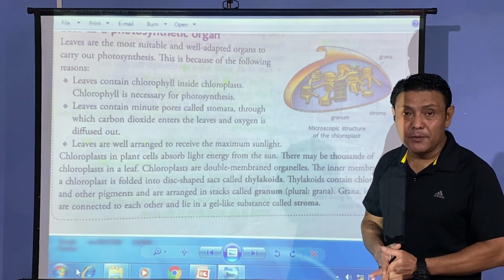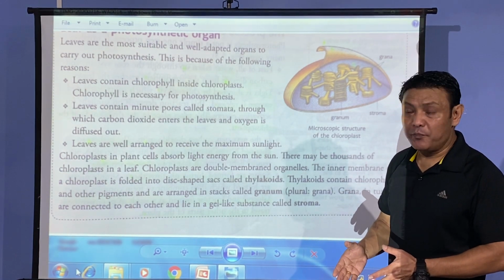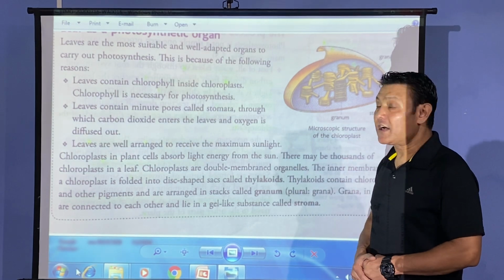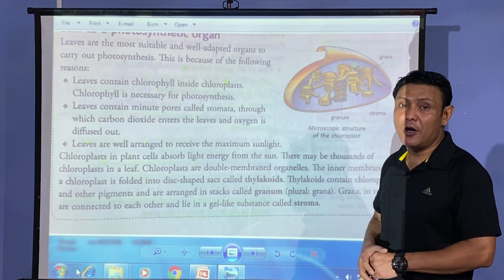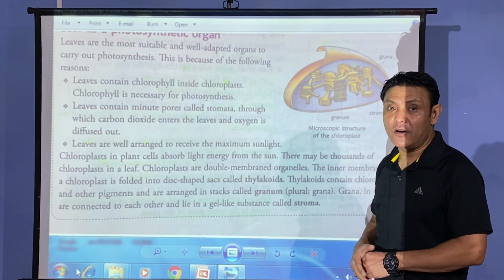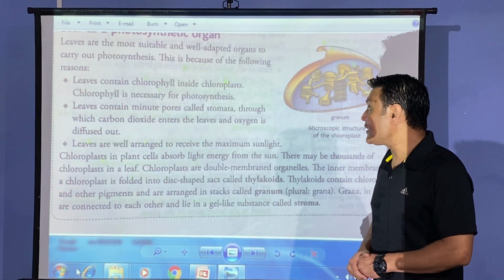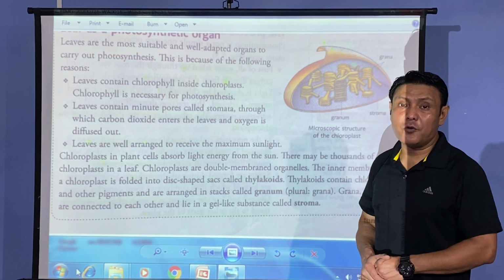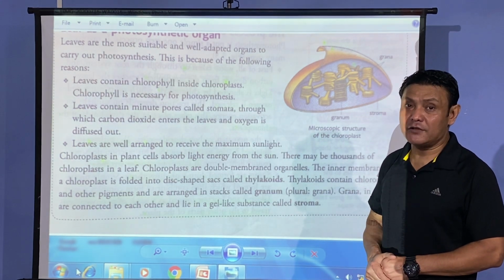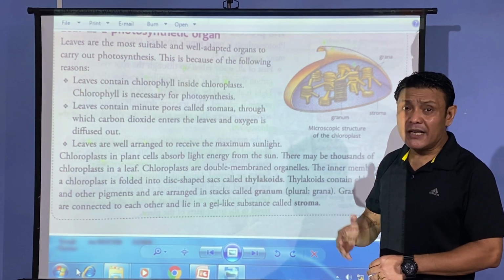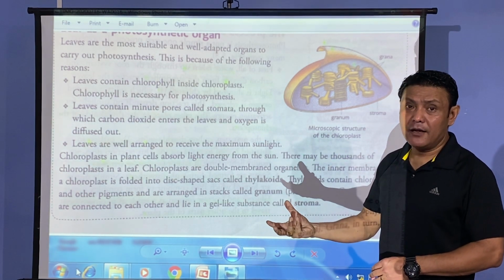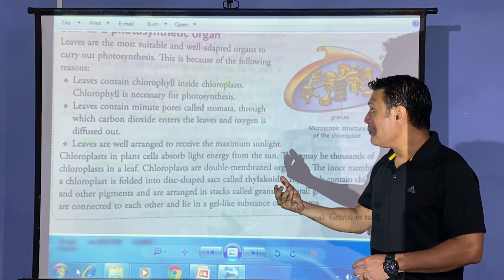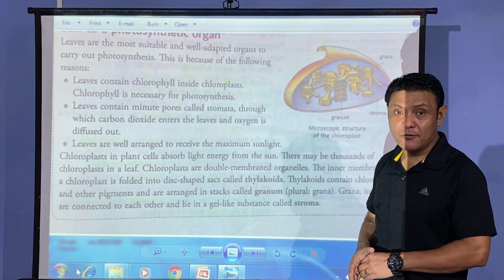Why are the leaves most suitable for photosynthesis? Because number one, leaves contain chlorophyll and it is the only substance which can absorb sunlight and use it for manufacture of food. Next, leaves contain minute pores because you know that during photosynthesis we need carbon dioxide, and whatever oxygen is produced during photosynthesis should be diffused out of the plant body.